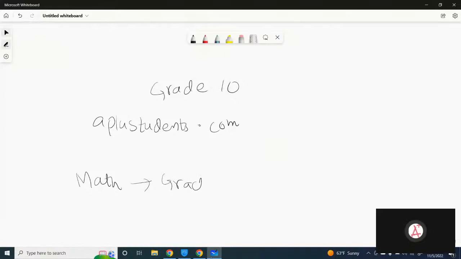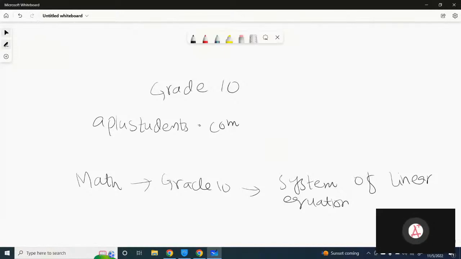Scroll down to grade 10 maths. Click on view all lessons and we're working on the chapter systems of linear equations. And the lesson we're going to start with is classify a system of equations by graphing.